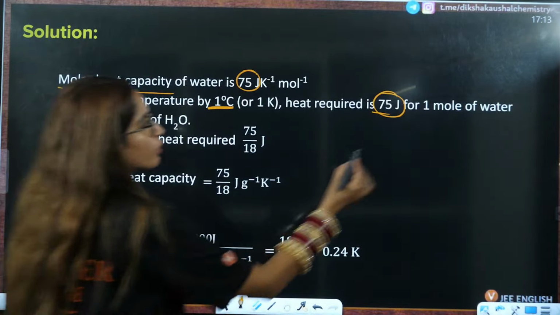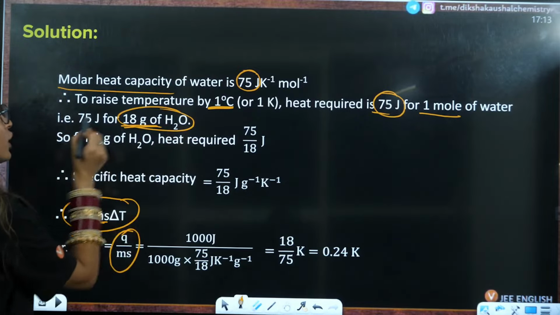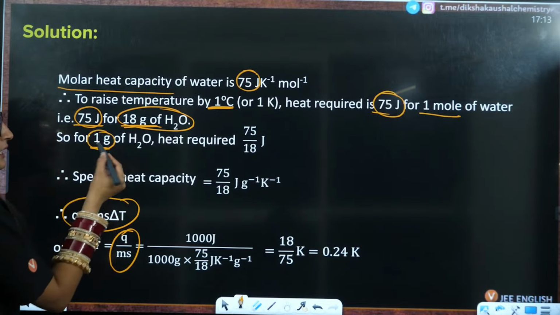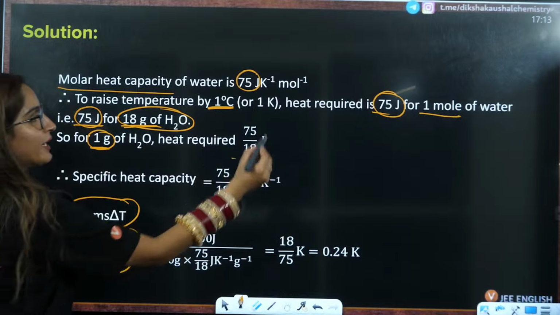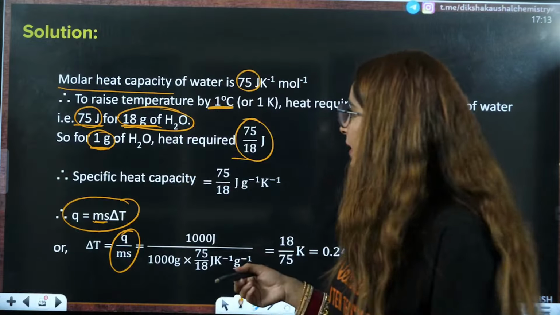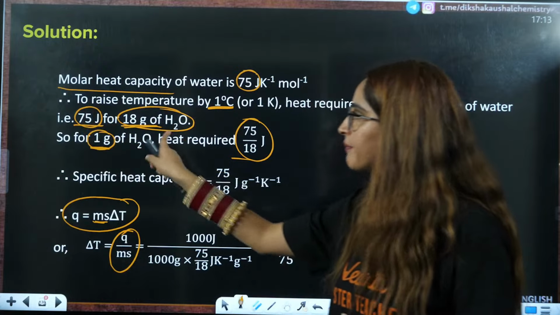So for 1 mole of water, that means for 18 gram of water, you need 75 joules. For 1 gram, you will need 75 divided by 18. Unitary method again. If for 18 you need 75, for 1 gram you will need 75 by 18.